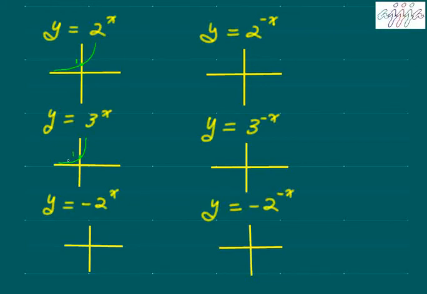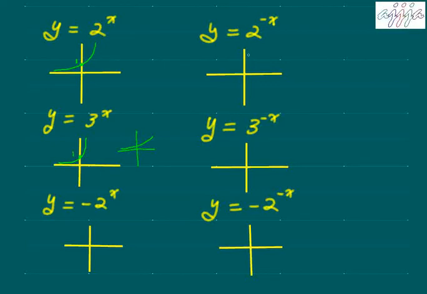But this one is closer to the y-axis, more curved. What if this number is smaller? Then this one obviously looks like that. The duller curve. This one is the sharper curve.